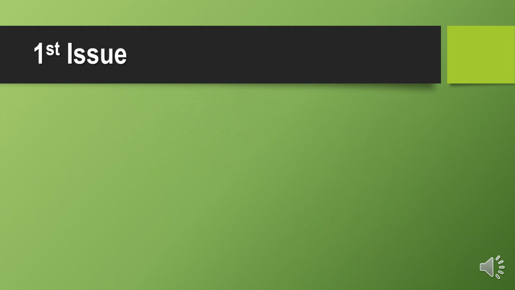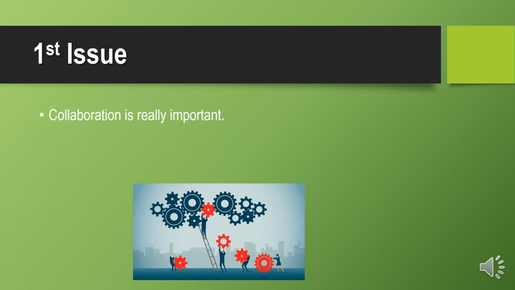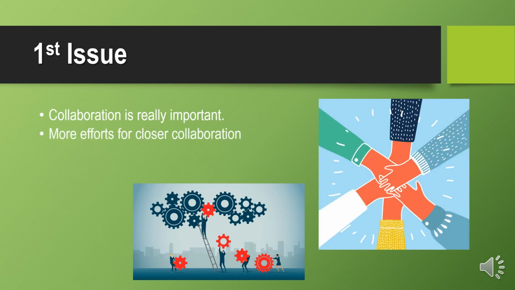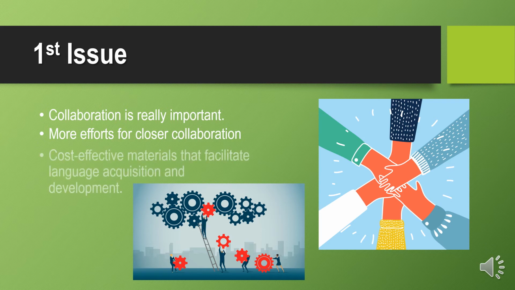In these two experiences that I have presented, we can realize that collaboration is really important in writing a course book. More efforts for closer collaboration between authors, editors, and designers might create more cost-effective materials that also facilitate language acquisition and development. Teachers' critical evaluation of visuals, layout, and design becomes even more crucial.